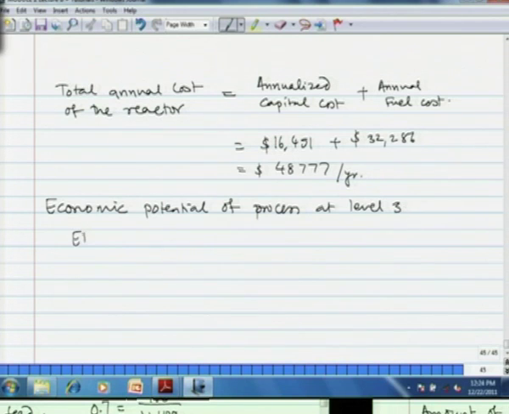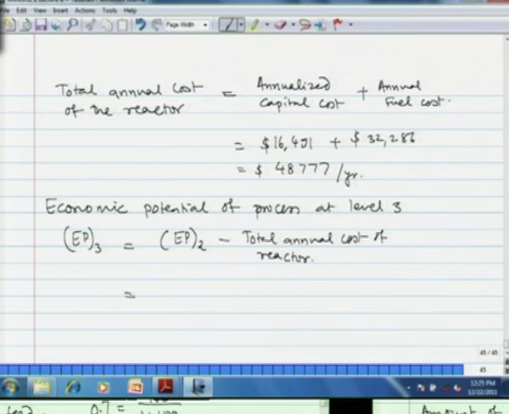Now, this EP, economic potential at level 3, is EP2 minus the annualized capital cost of the reactor, total annual cost of reactor.